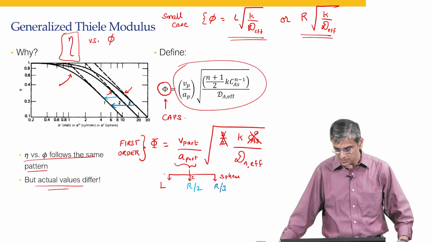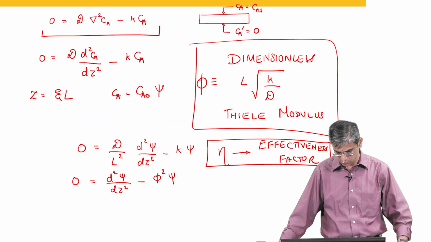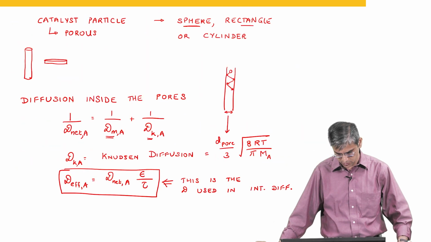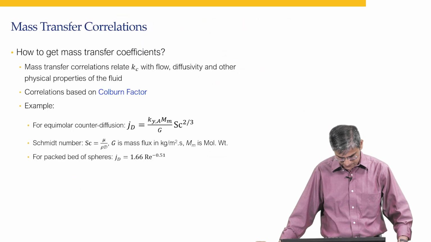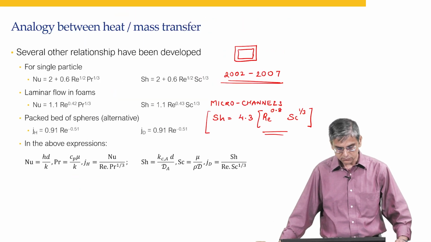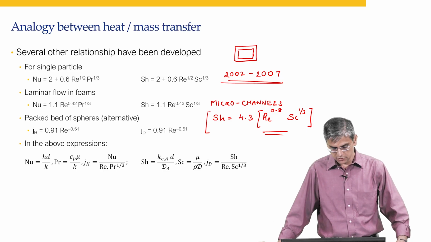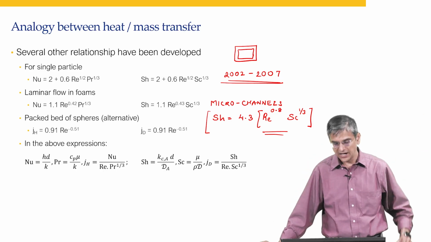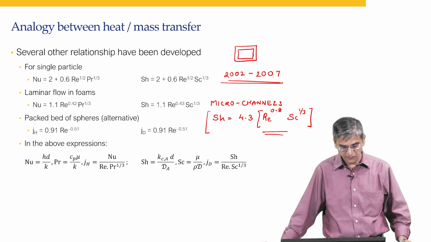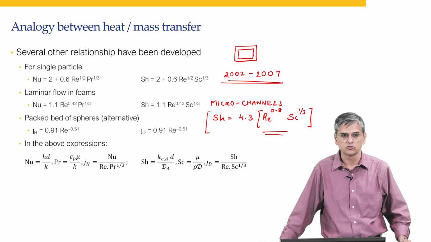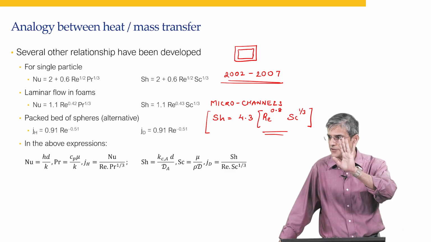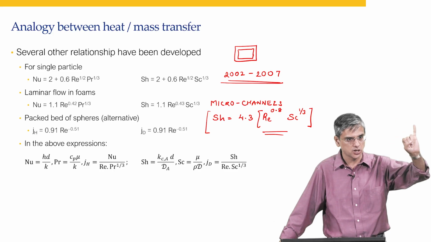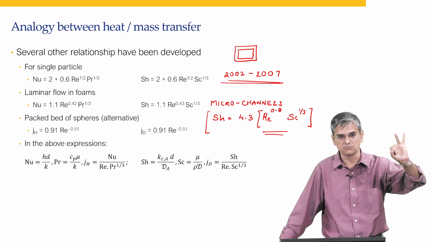An example where the equations change was what we did with external diffusion. For a single particle, we had one Sherwood number correlation. For foams, we had another Sherwood number correlation. For a packed bed of spheres, we had a third Sherwood number correlation. But the procedure was the same. You calculated Reynolds number, you calculated Schmidt number.